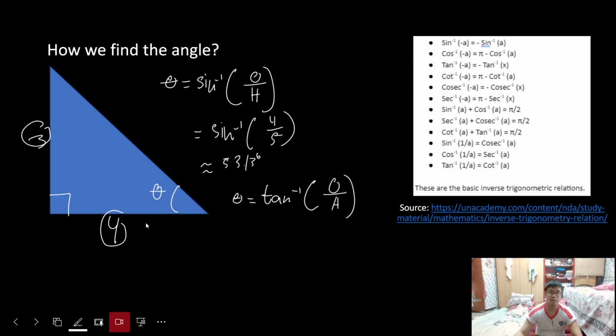So basically, first question: can we use any trigonometric ratio to get the angle? Yes. That's the only question. Yes, you can use anything, but again, it depends on the given problem. Just like here, for example, you have 3 and 4, but you do not have your hypotenuse.